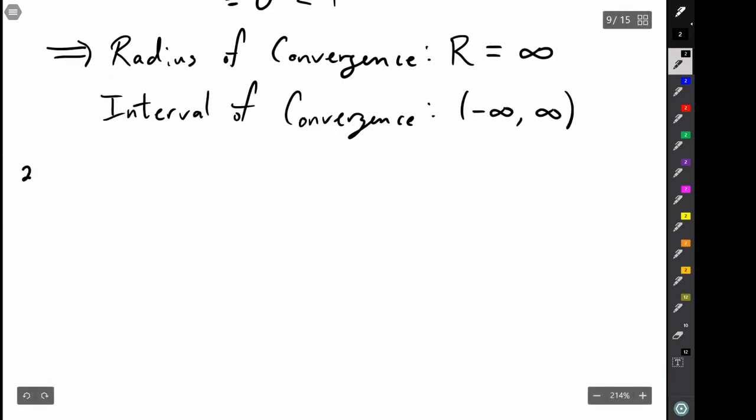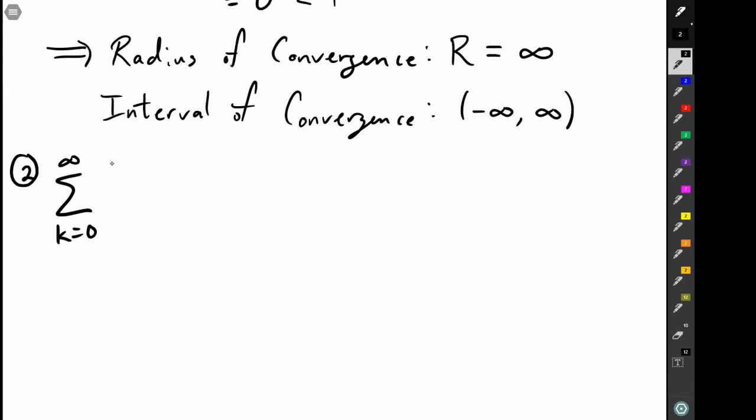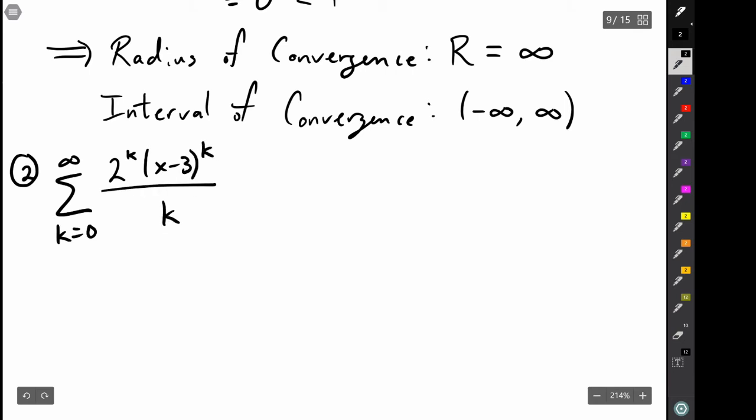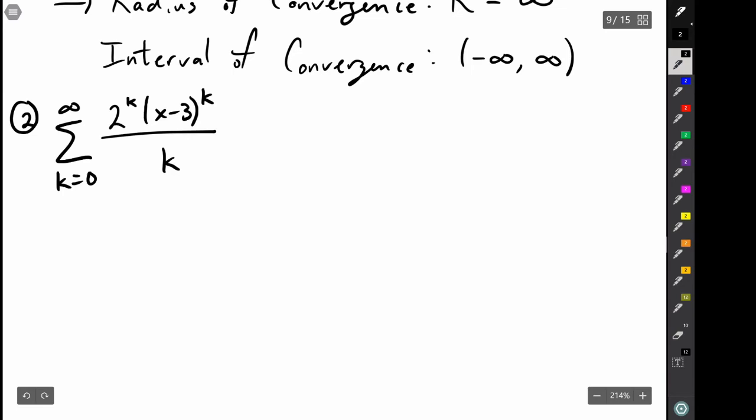All right, let's look at another example, for a series that's not centered at 0. The sum from 0 to infinity of 2 to the k times (x minus 3) to the k over k. What's going to go on here? Well, we need to set up for the ratio test, so a_(k+1) over a_k.